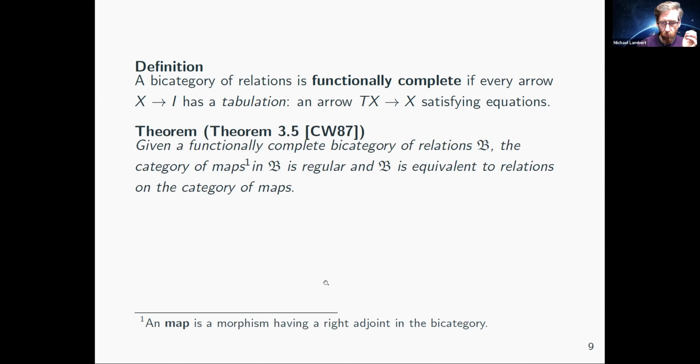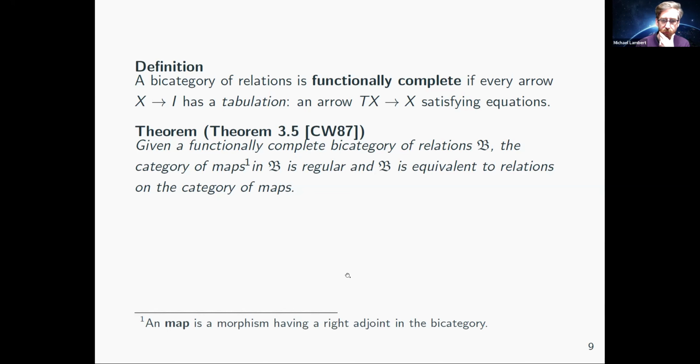Now, for a functionally complete bicategory of relations, it turns out that there's a special category that you can build from morphisms in the bicategory. It's the category of maps, which are those morphisms having right adjoints in the bicategory structure. You can prove that that category of maps is regular, and then B is precisely relations on that regular category.